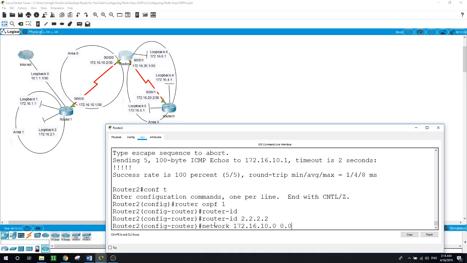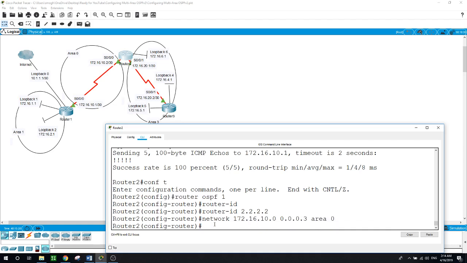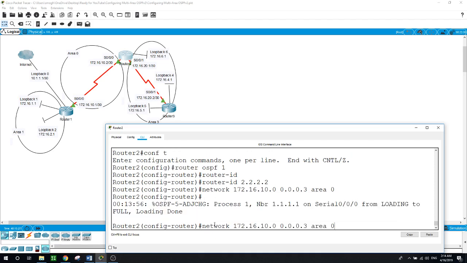So now let's start with the 172.16.10.0, the interface facing router 1. This is in area 0, and the other interface facing router 3, that is in area 3. So, up arrow, this is in area 3, and this is 20.0.